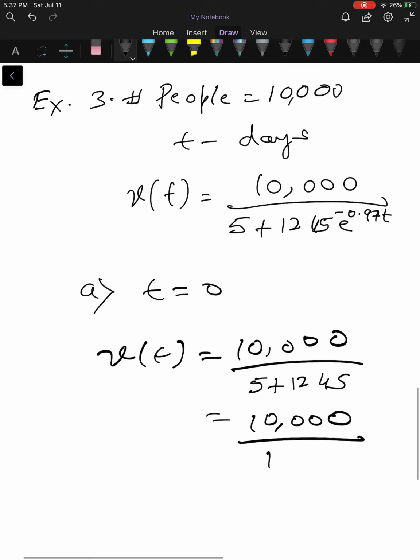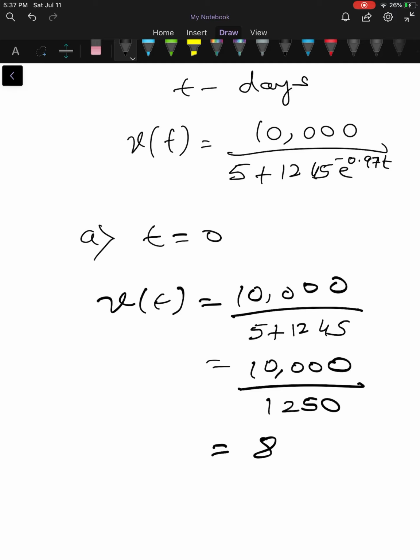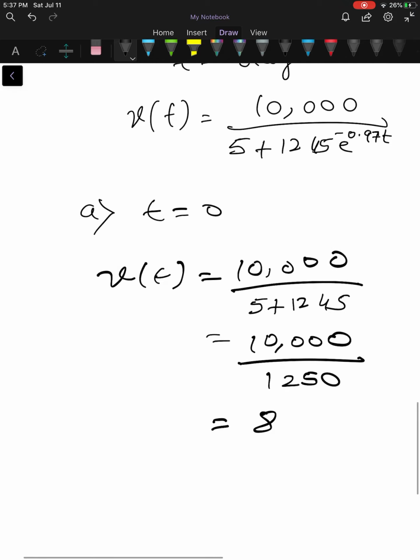That is nothing but 10,000 divided by 1250. Using the calculator, it would give us 8. Initially there were only 8 people affected by the disease.